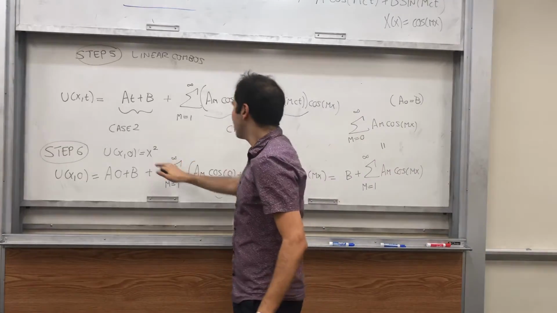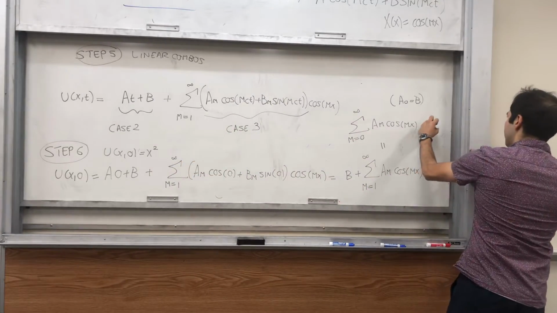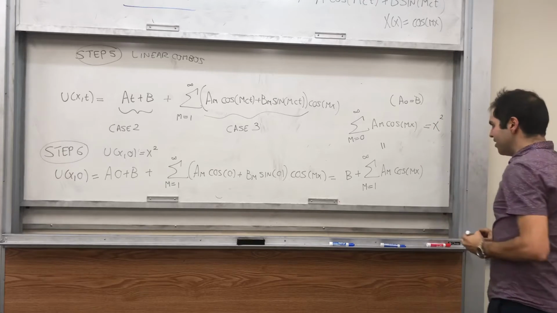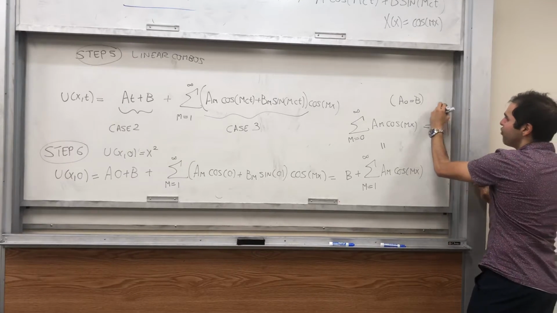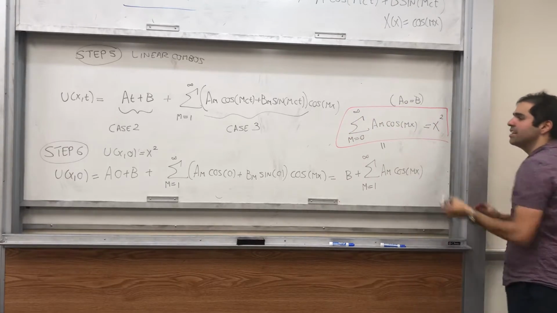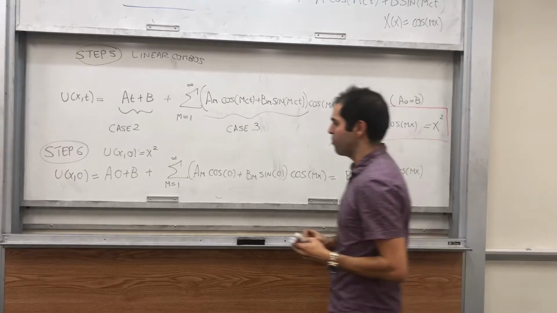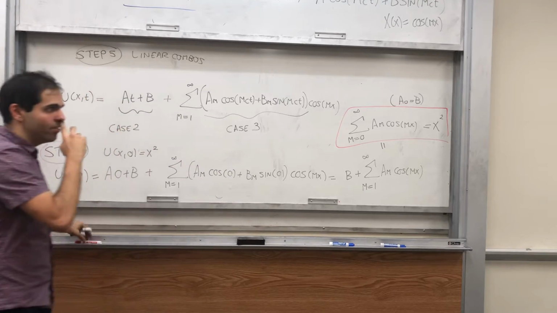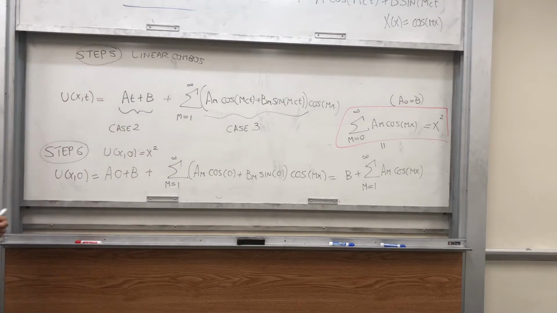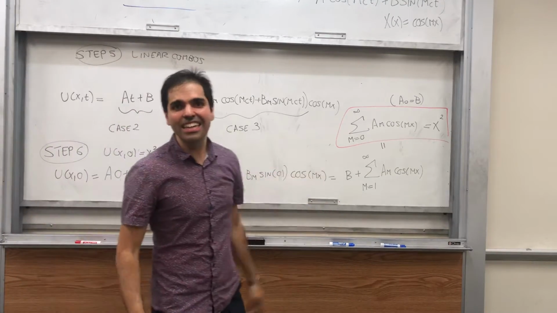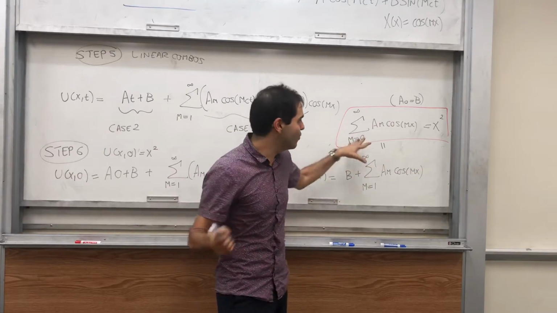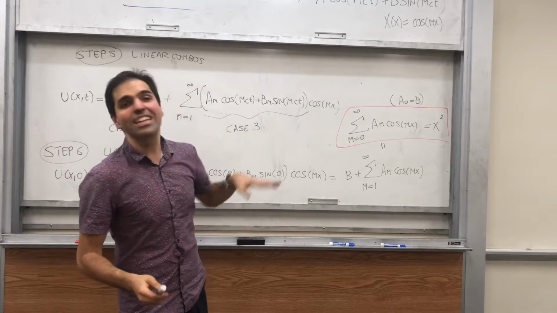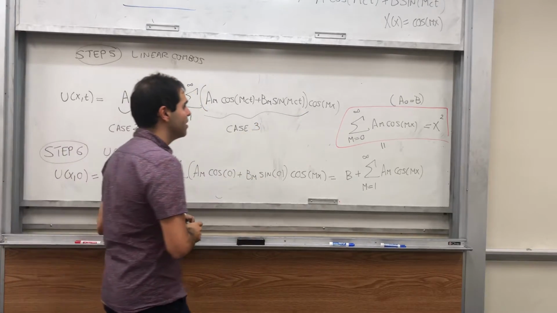You want this to be equal to x squared. Now, as I said in lecture, before like the 1850s, this was a completely unsolved problem. The question is, how can you write a function in terms of cosines? But luckily, at some point, Joseph Fourier came along and invented Fourier series, which means we can actually solve this now.